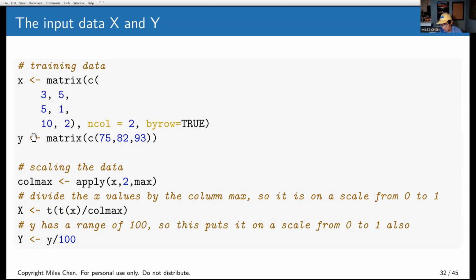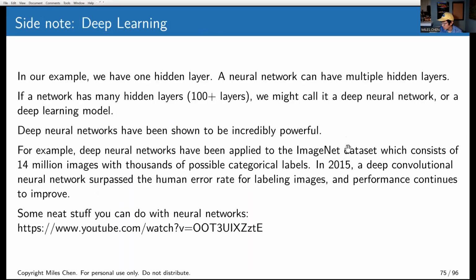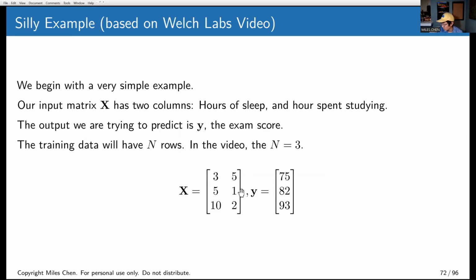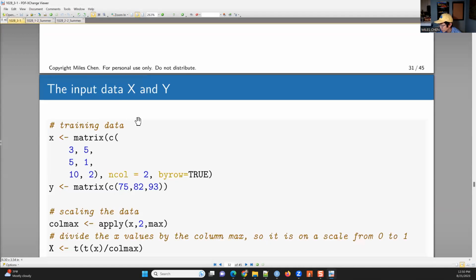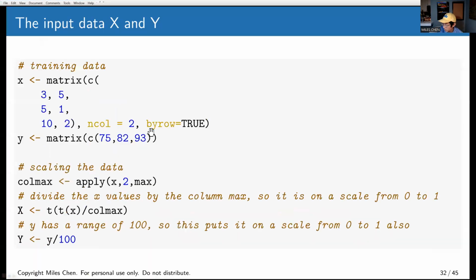These are just from our kind of silly example from the very beginning, from last week's notes. I'm just taking these values, 3, 5, 5, 1, 10, 2, 75, 82, 93, and we're just throwing that in here.